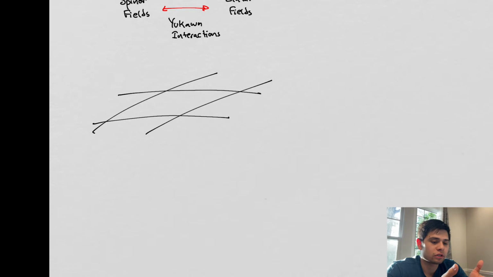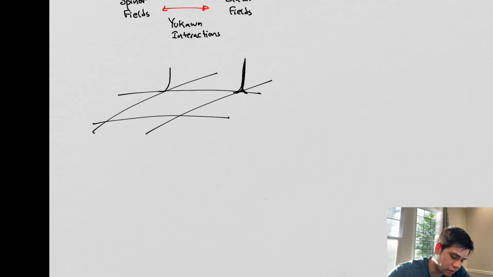And electrons, we're saying, are excitations in these fields. So we can consider at some point in this field an excitation that maybe looks like this. Maybe we have another excitation that looks like this. And then we have one here that looks like this.